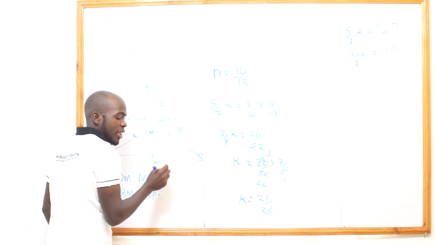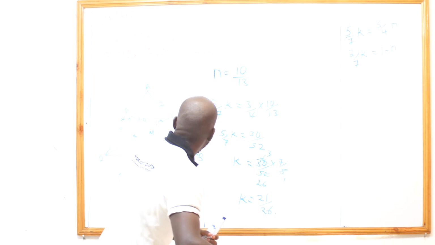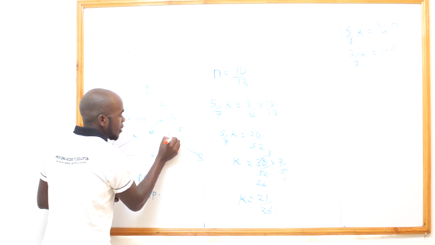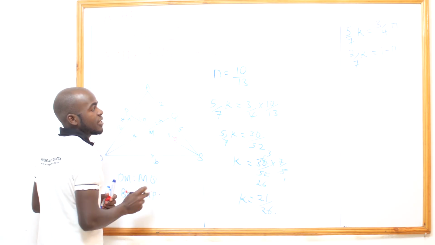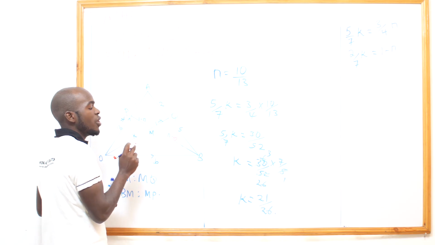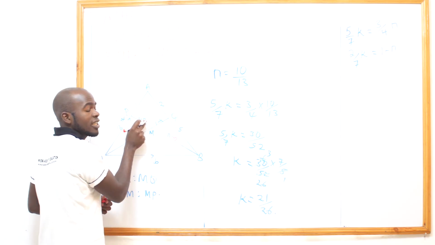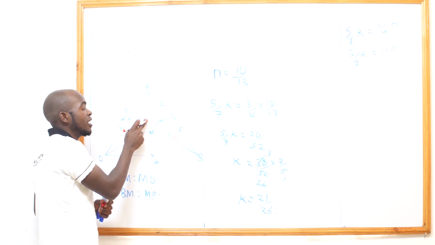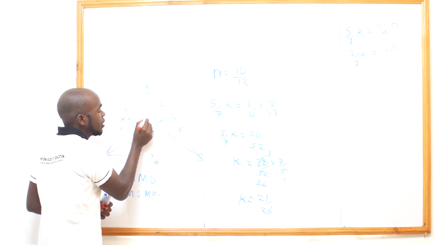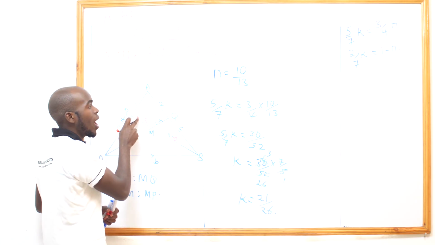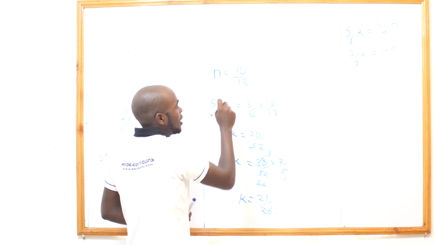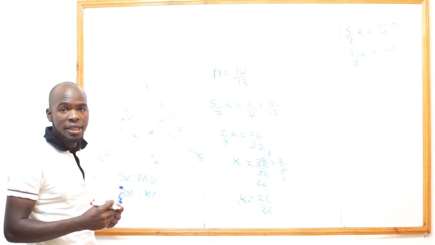So the whole line is 13, and the remaining will be 13 minus 10, which is 3. Or you just take 1 minus 10 over 13, and you will find it is 3 over 13.